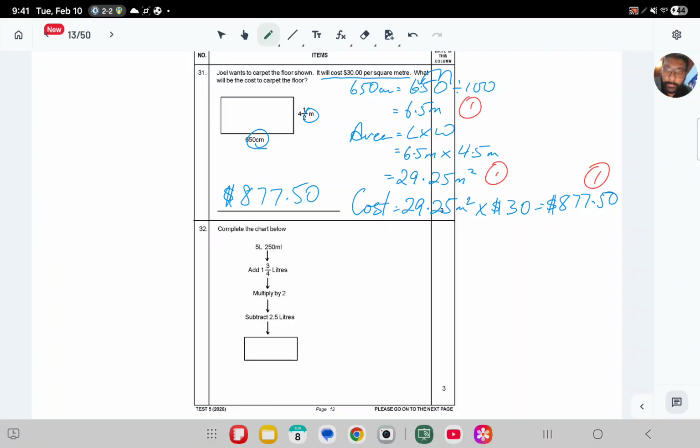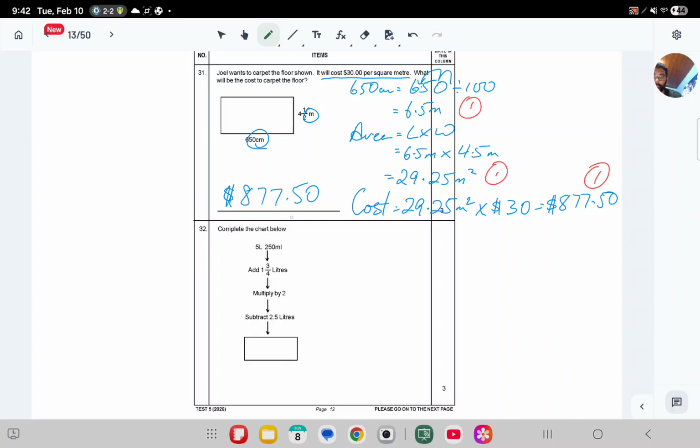Number 23, they said complete the chart below. So 5 liters, 250 milliliters, add 1.75 liters, multiply by 2, subtract 2.5 liters. And I want the final answer. So basically we just follow the flow chart and we do step by step. Alright, for me it will be easy to work everything in milliliters.